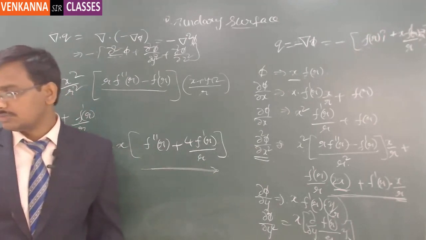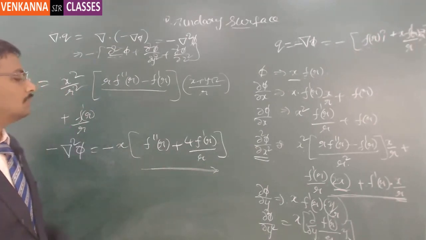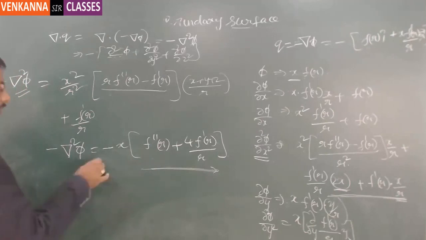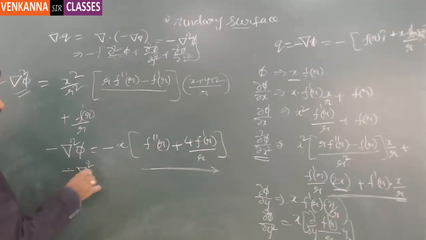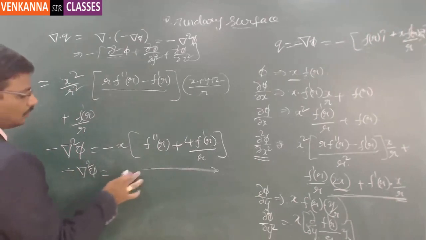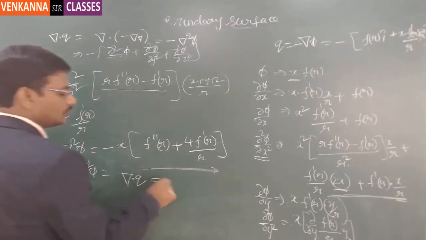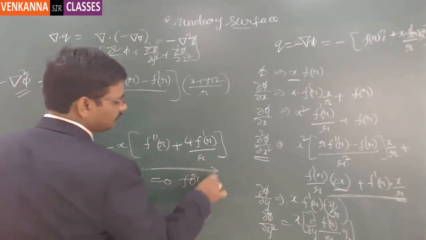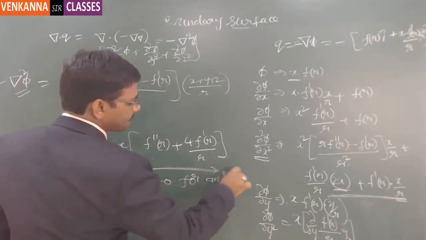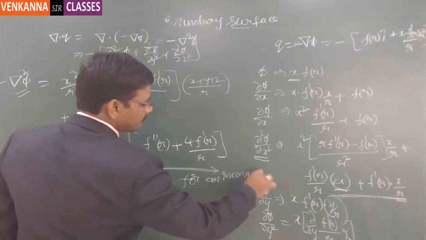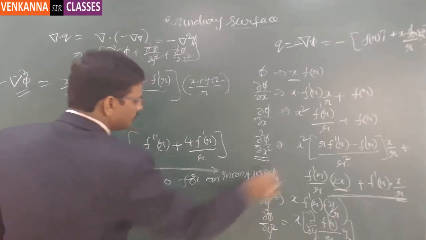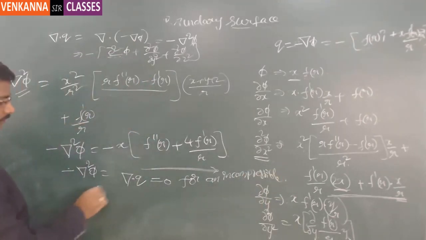Understood or not? Okay. Once you understand this, the important aspect is that minus del square phi is nothing but q dot del dot q. Del dot q is equal to 0 for an incompressible fluid. So this is 0 for an incompressible fluid.